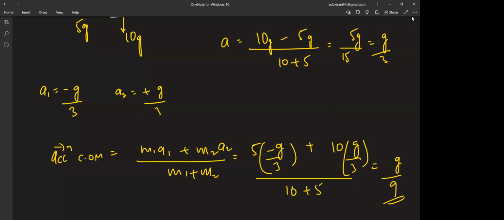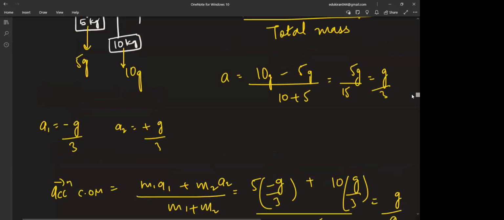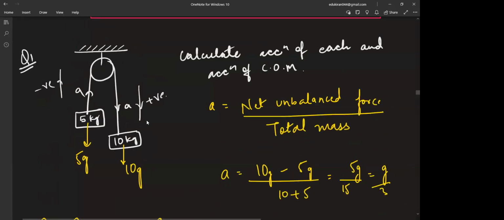It's just that in this question, it has specified to take the upwards acceleration as negative and downwards acceleration as positive. For the acceleration in a pulley mass system, you use the net unbalanced force, or you can make free body diagrams also if you want. Like 5g minus tension is equal to 5a. Here you can take 10g minus tension is equal to 10a and solve these two equations.